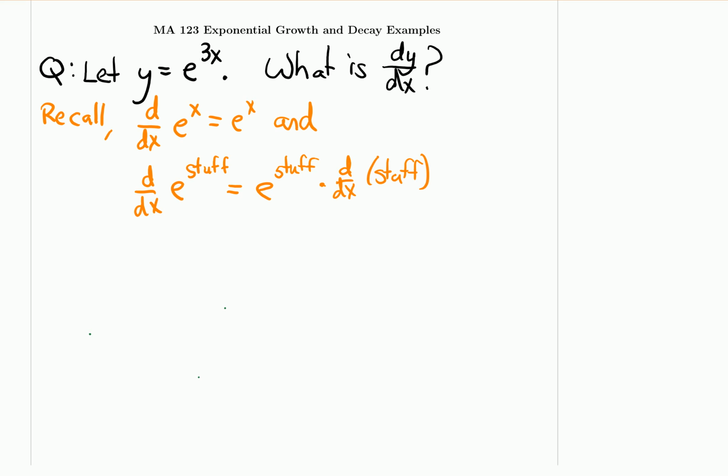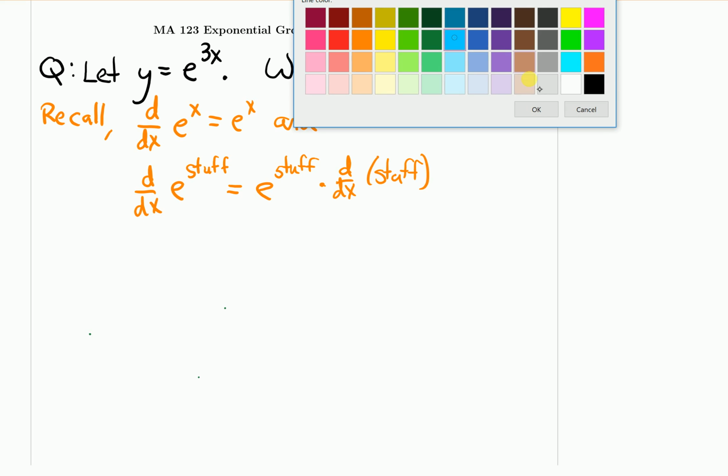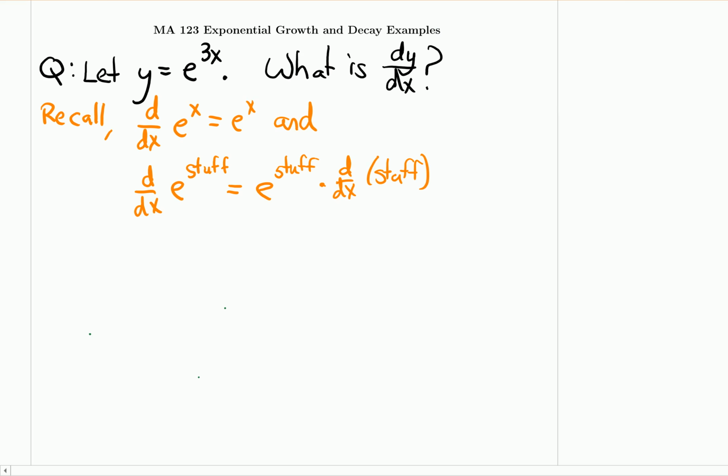So for our problem here, we don't just have e to the x. Our exponent is more complicated. We have e to the stuff. So to take the derivative of that, the derivative of e to the stuff starts off as e to the stuff. So I'll get e to the 3x.